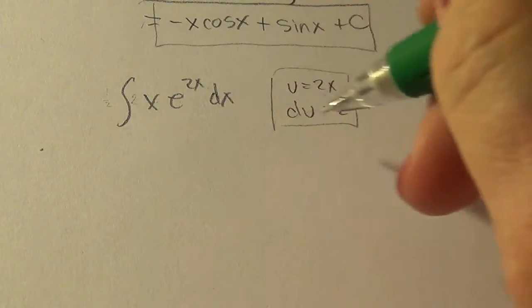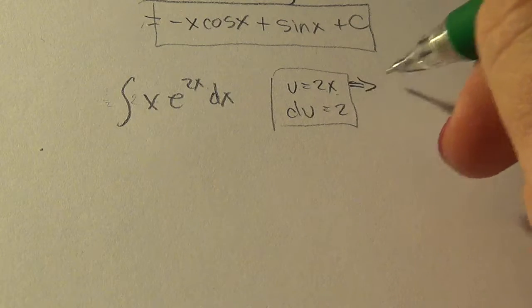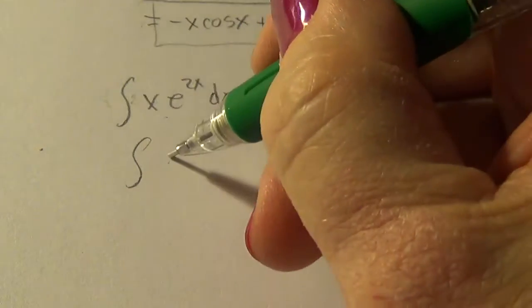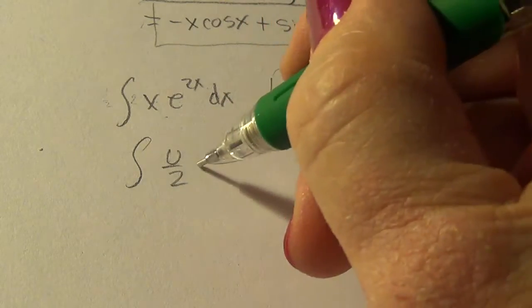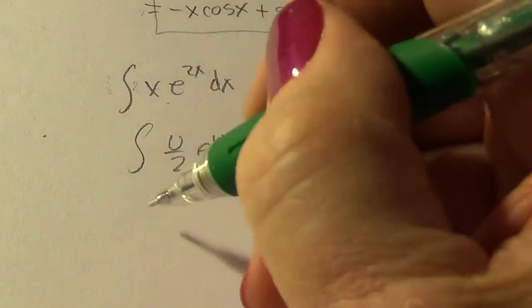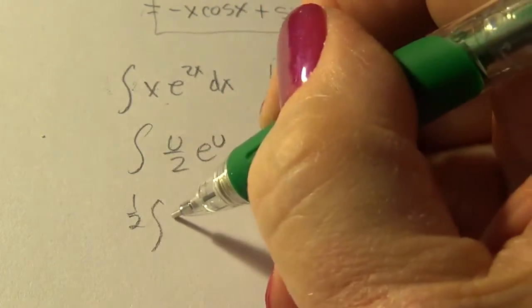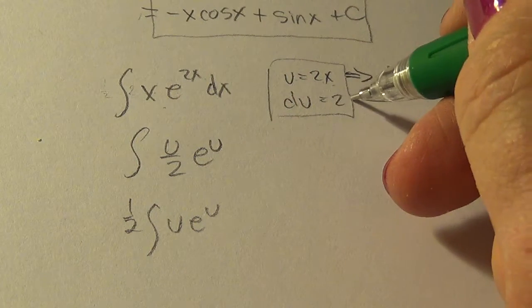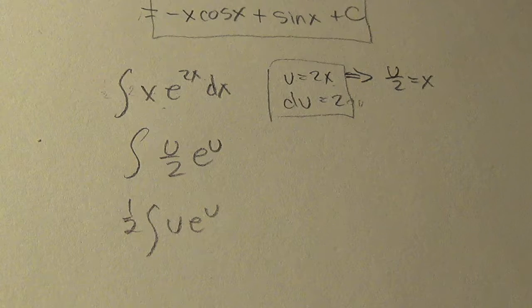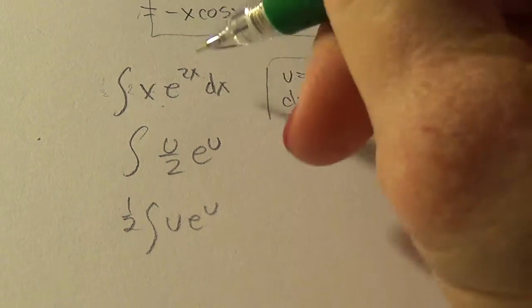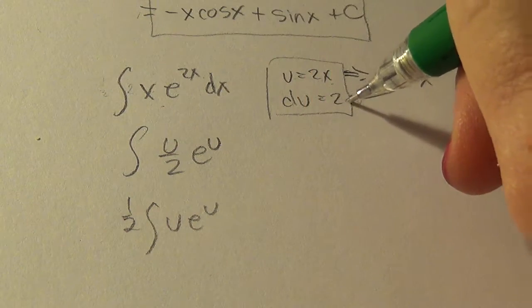Let me just try. So I can rewrite this as u over 2 equals x. So I can put in u over 2 and e to the u. And that 2 comes across the integral sign, u e to the u. And I need a 2 for my du, so this is 2 dx.